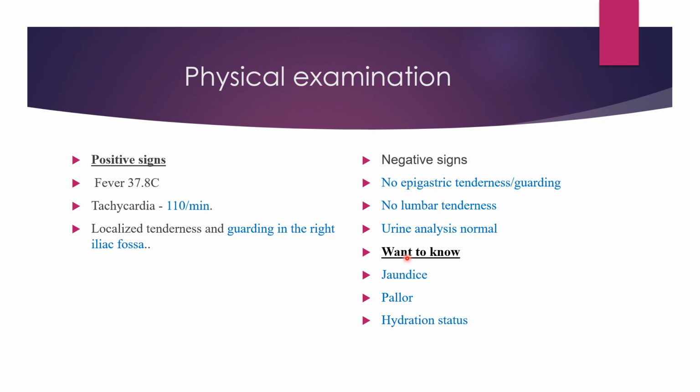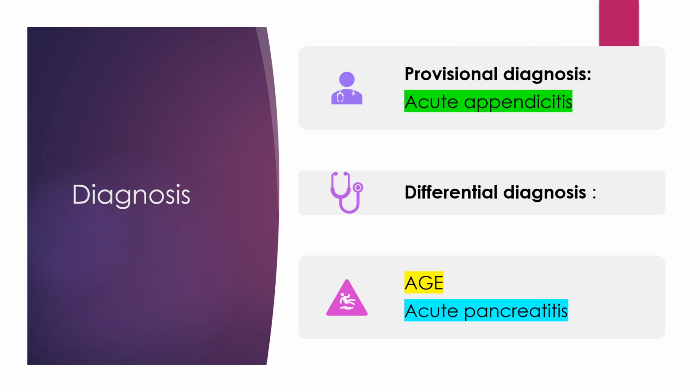You would want to know further whether he had jaundice, whether he had pallor, and his hydration status, which were not mentioned. So after the physical examination, we have come to the provisional diagnosis of acute appendicitis, with the differential diagnosis of acute gastroenteritis and acute pancreatitis.